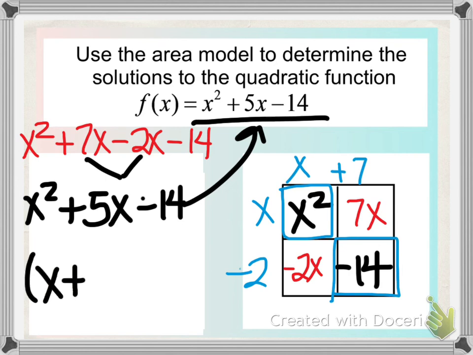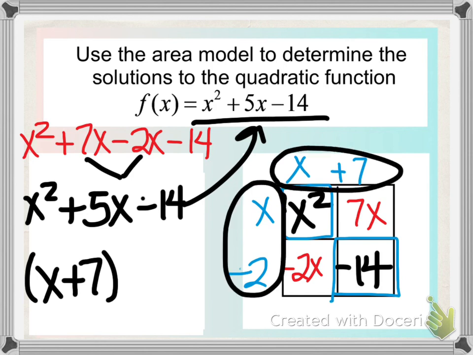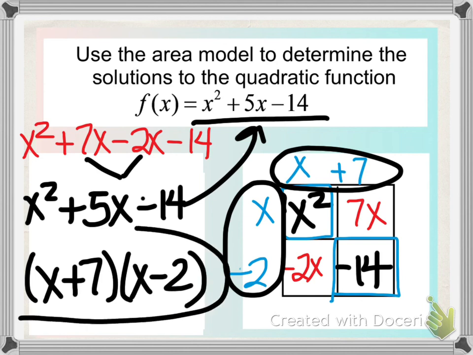So the factors on top are x plus 7, and the factor on the left side is x minus 2. So the factored form is x plus 7 times x minus 2, which will give you the same result as x squared plus 5x minus 14.